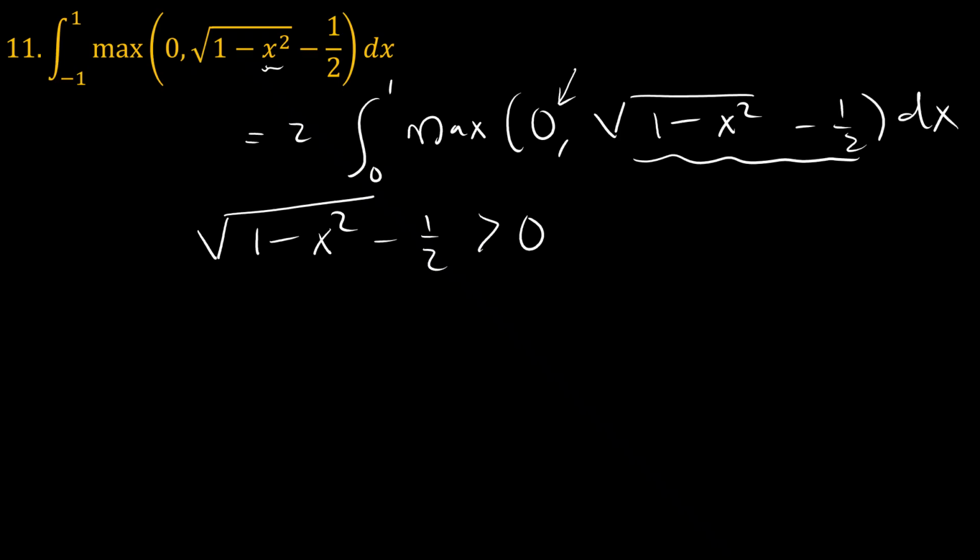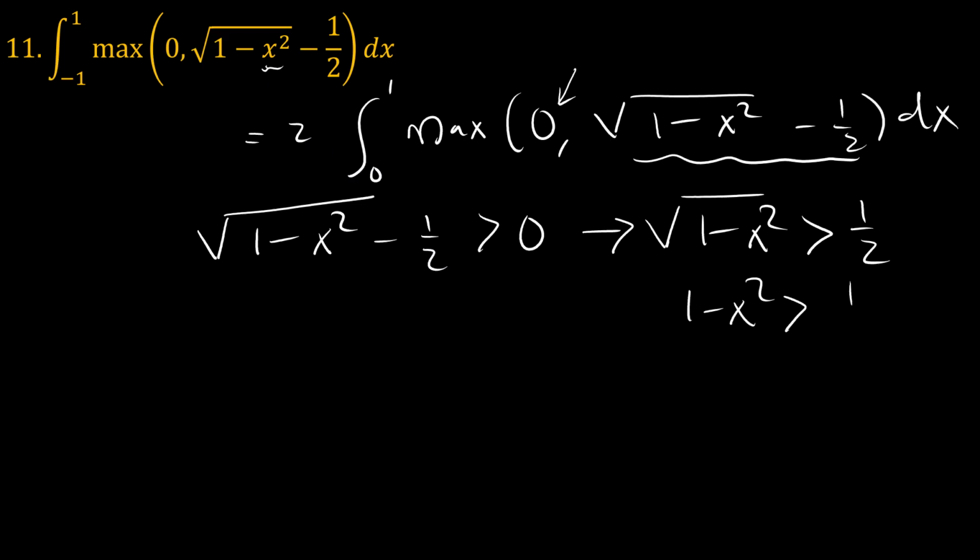That means that the square root of 1 minus x squared is greater than a half. And that means that 1 minus x squared is greater than a quarter. And that means that 1 minus a quarter is greater than x squared. And that means that 3/4 is greater than x squared.